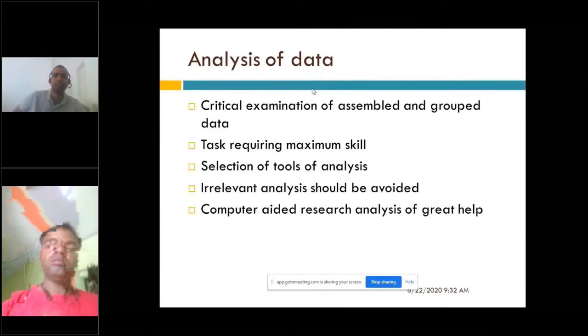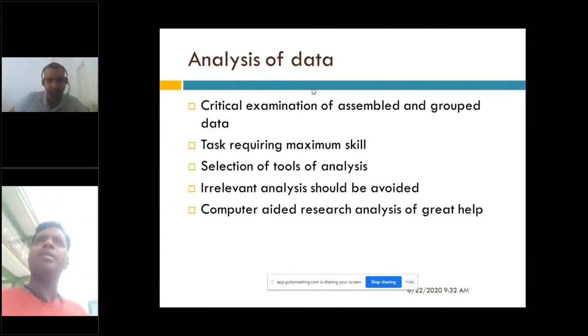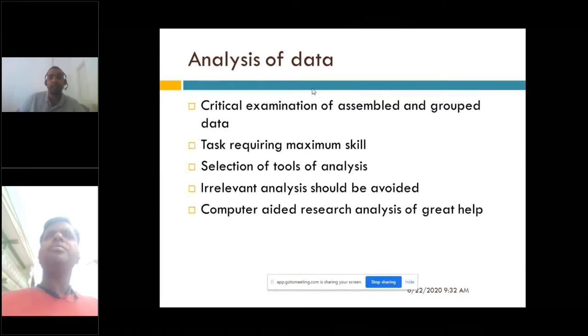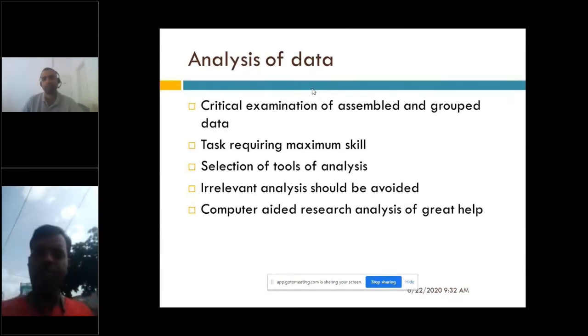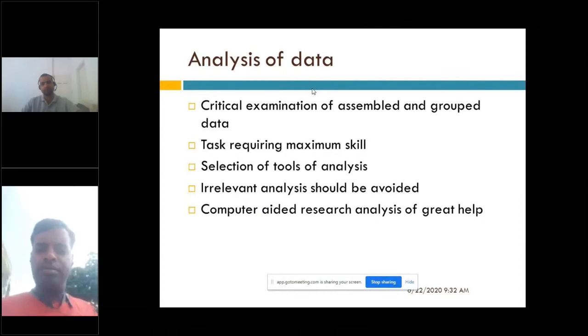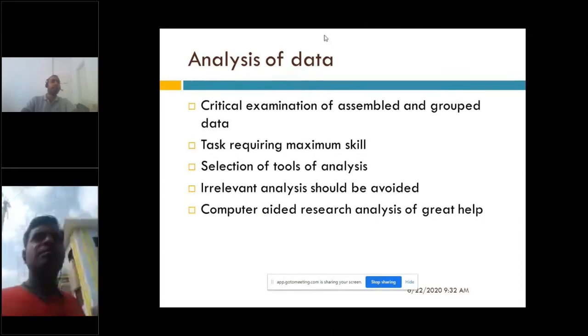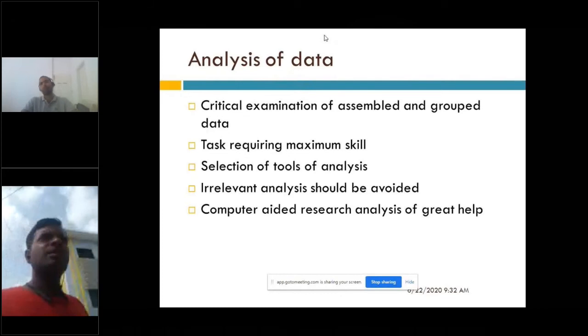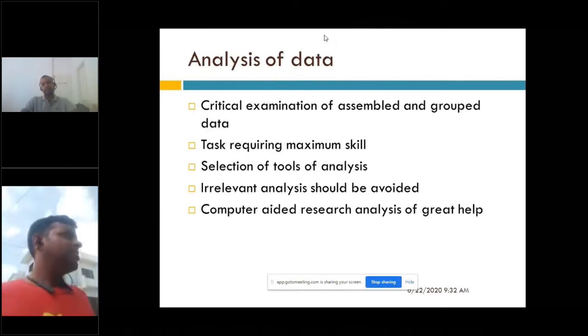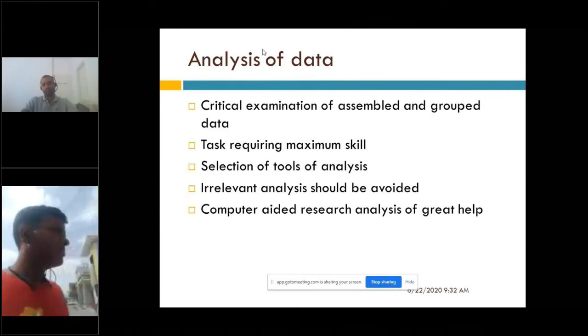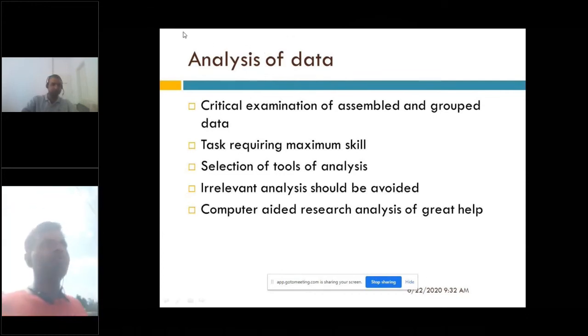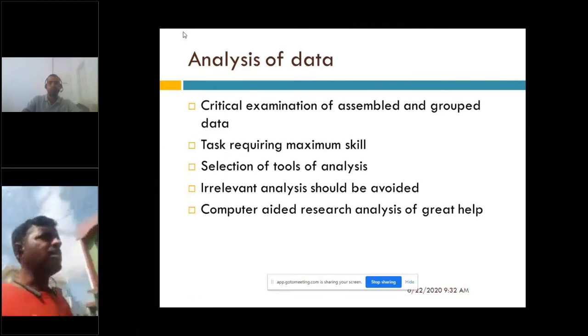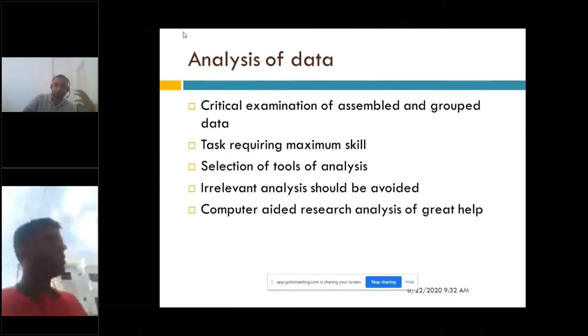Irrelevant analysis should be avoided. Already discussed. Computer aided research analysis is of great help. Nowadays we are having computer software. This helps a lot in analysis. But one thing we should keep in mind that analysis we are getting in fractions of second, thousands of tables in SPSS, and many times these are not required.